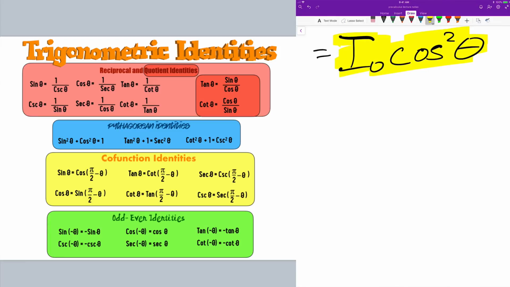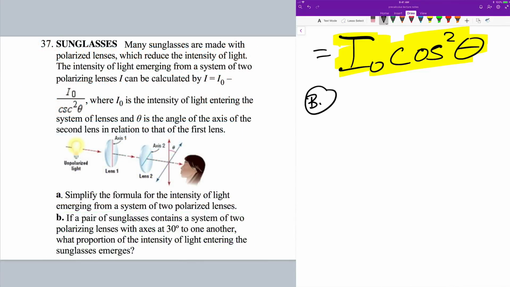In fact, if I look at part B of the question, it says if a pair of sunglasses contains a system of two polarizing lenses with the axes at 30 degrees to one another, what proportion of the intensity of light entering the sunglasses emerges?